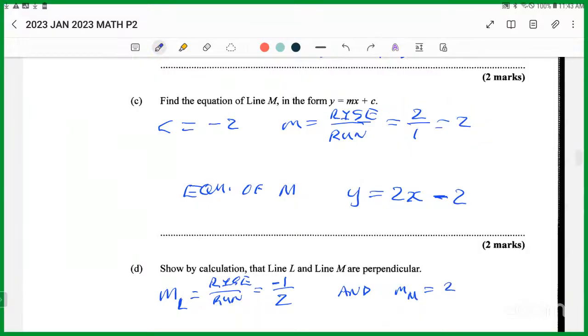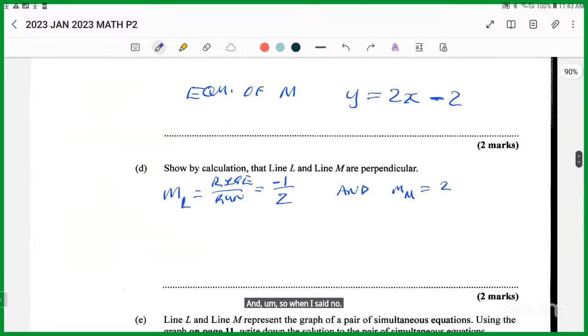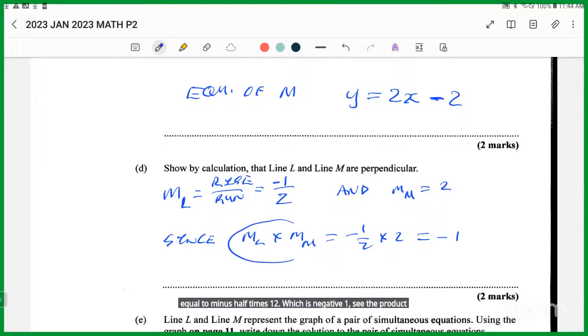And so we're going to say now, since m_L times m_M, that's the gradient of line L times the gradient of line M, is equal to minus half times 2, which is negative 1. So the product of the gradients is negative 1.